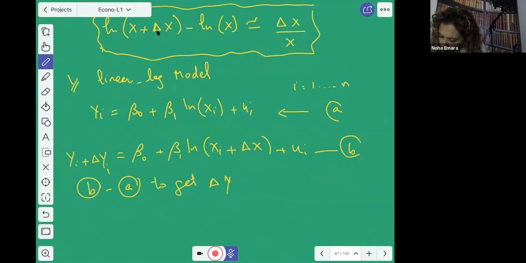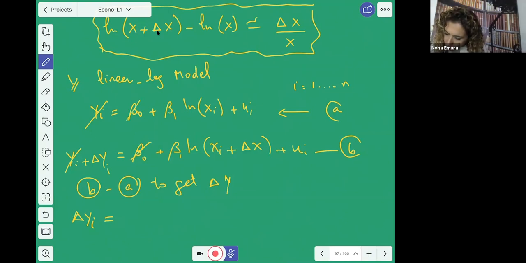So when I subtract, y_i will cancel with y_i, so I'm left with the change in y_i, okay? Now, when I subtract B from A, the beta naught is going to cancel.